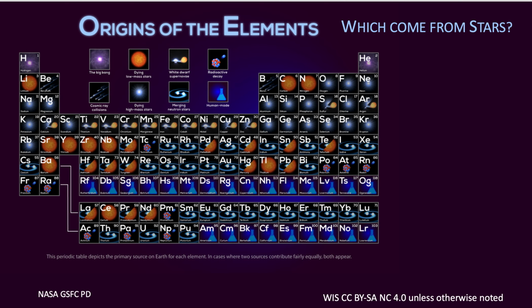Now here we've got a periodic table, and each one of the elements in the periodic table has its origin in the universe. Which ones actually come from stars? So you can have a look at the 8 items that they show you for the origin of that element, and you can see which ones actually come from stars.